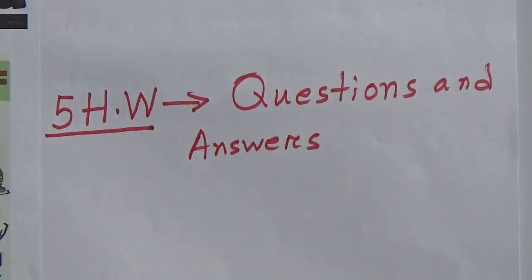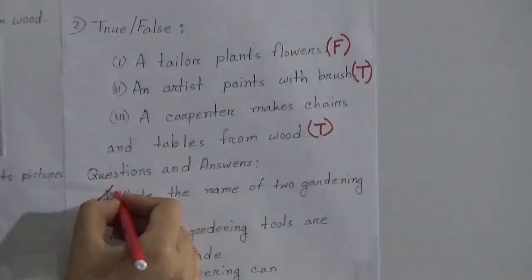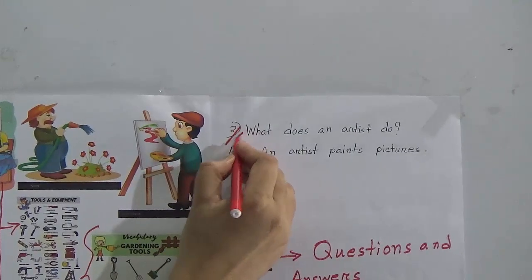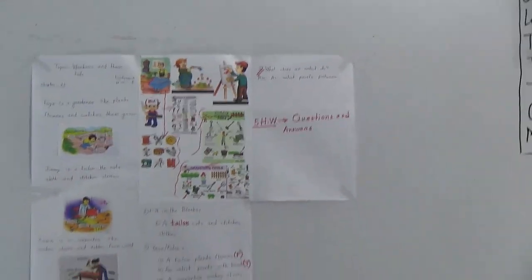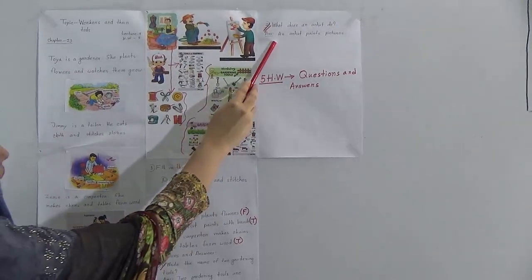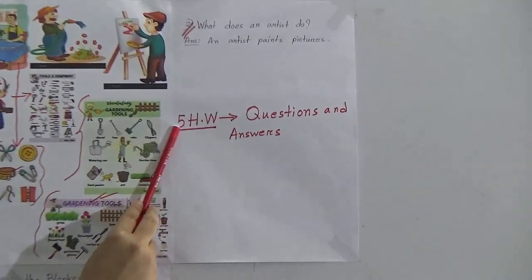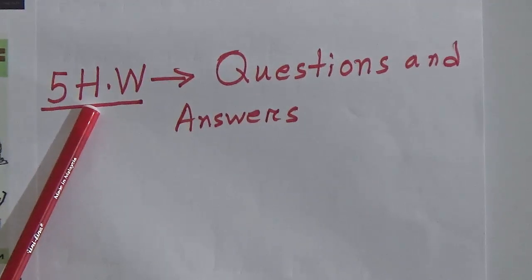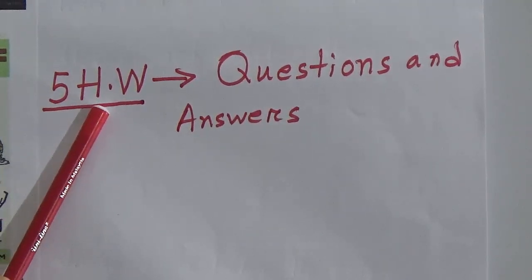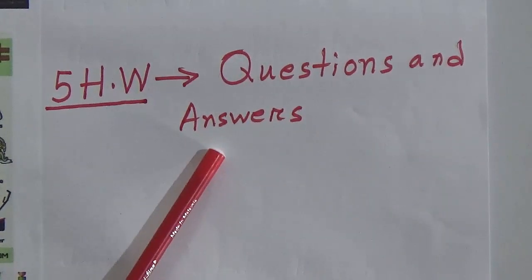So here are the 2 questions and 2 answers. Look at this here, number 1 and number 2. You have to write these questions and answers as your SW. This is number 5 SW.